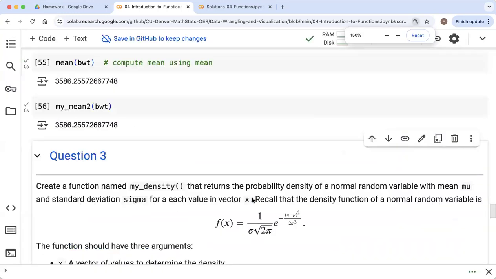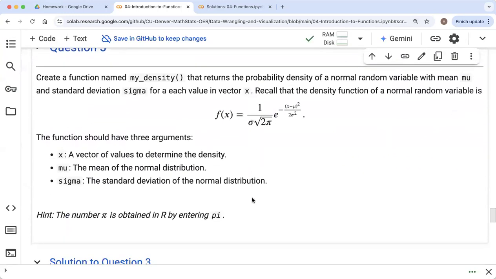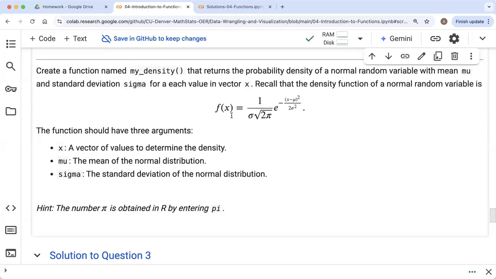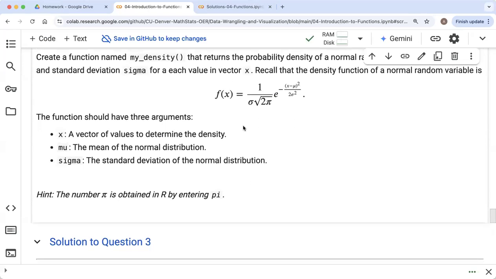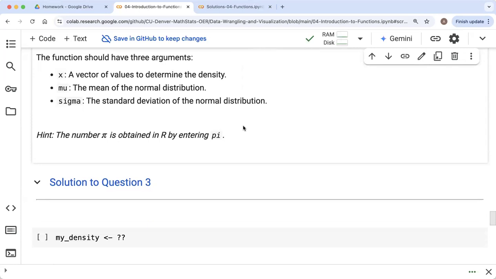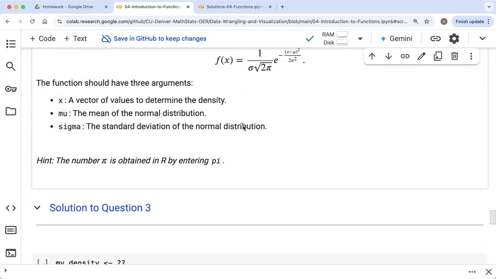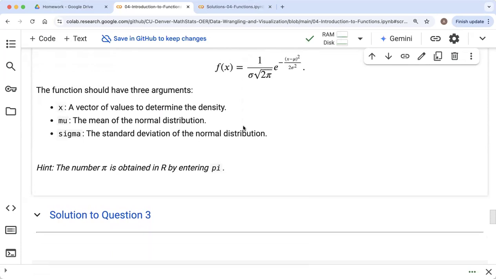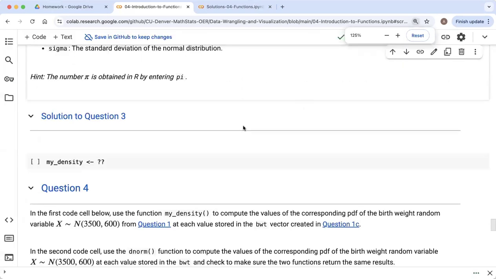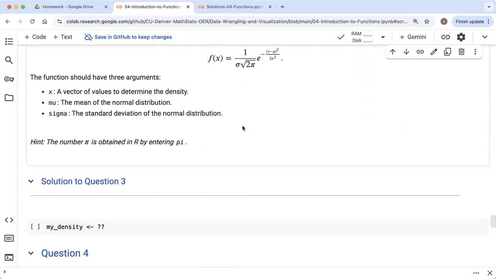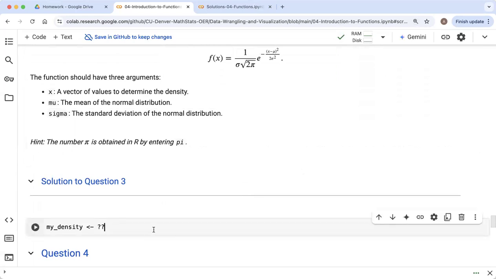So the task here is we would like to define a function to calculate this in R, and we're going to call this myDensity. Okay, so there is the formula. I'm going to zoom out so I can see the formula and code this at the same time.